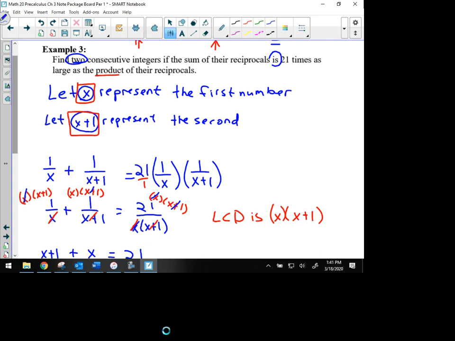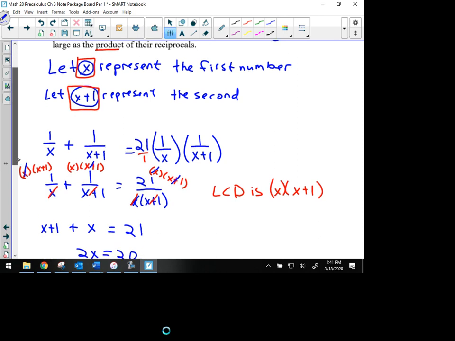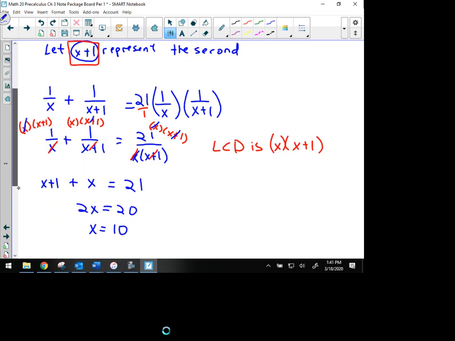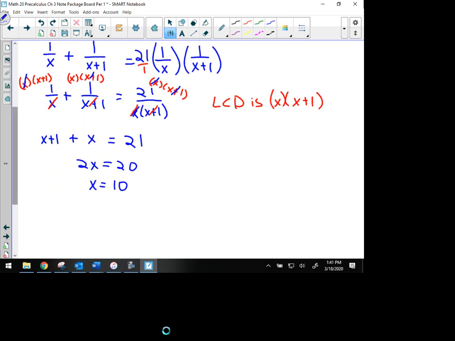So if we just say that our answer is 10, that's not quite answering the question, because we need two numbers. So if x is the first number, that means that the second one is 10 plus 1, x plus 1, so 11.